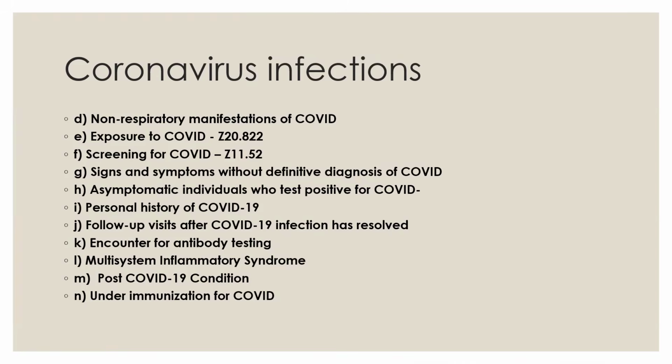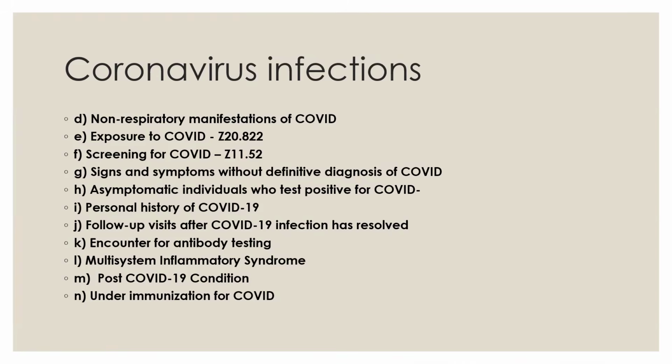If there are signs and symptoms without a definitive COVID-19 diagnosis, make sure you use the appropriate signs and symptoms such as acute cough, shortness of breath, or fever. If there is contact with or suspected exposure, Z20.822 would be appropriate.